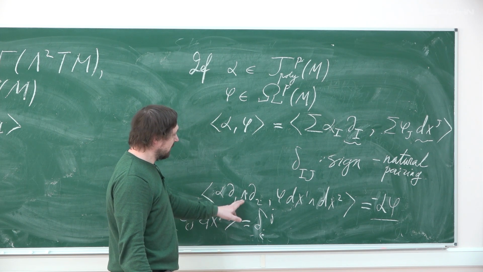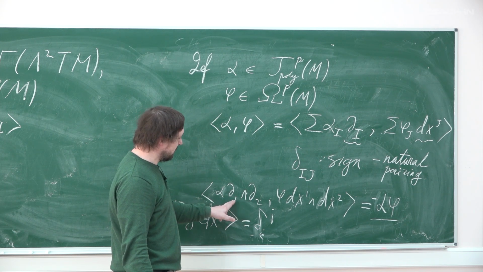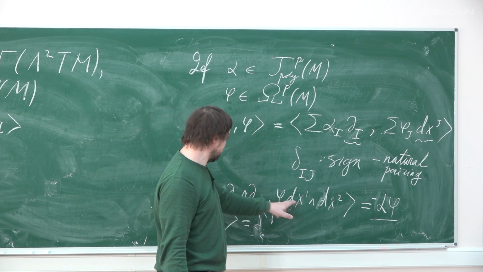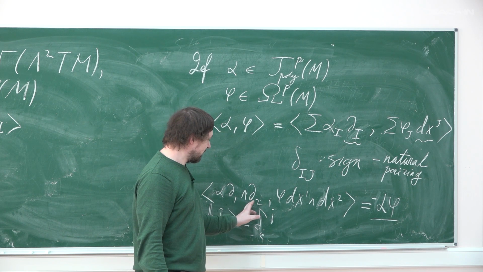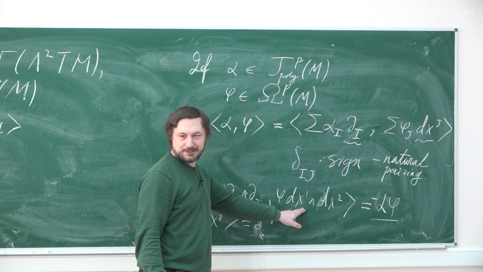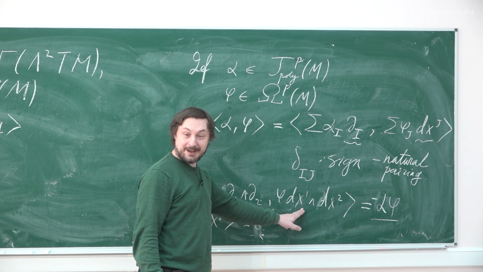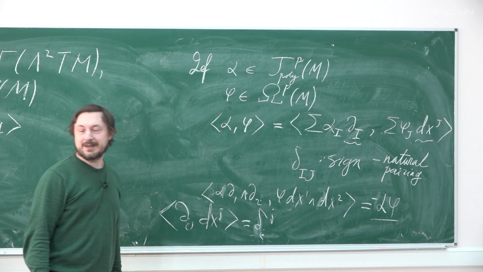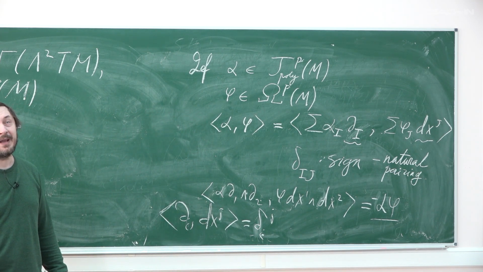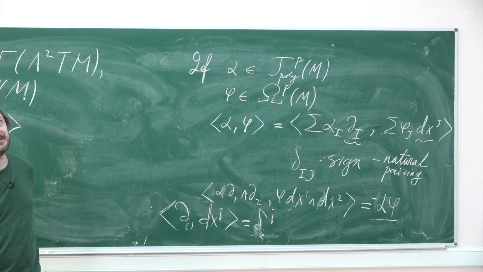But here we don't have just d1, dx1, d2, dx2. We need to take d2 and let it go across dx1. And by general principle, this should earn us the sign. It's actually possible to give the definition in very explicit terms of how the signs appear and why they should appear.